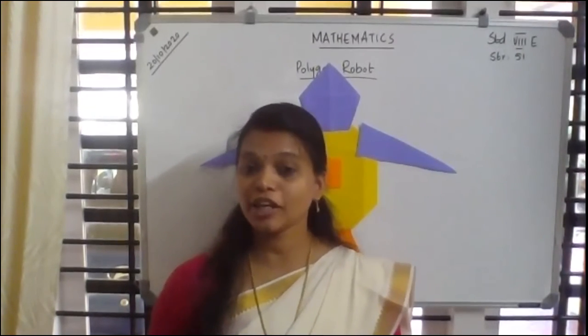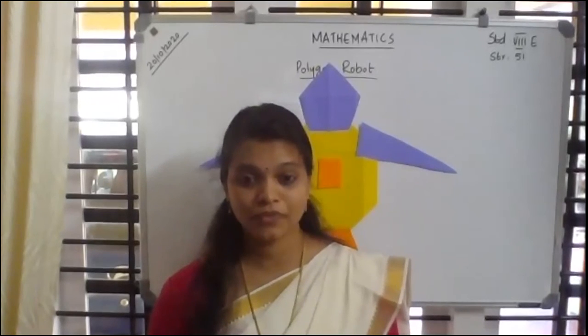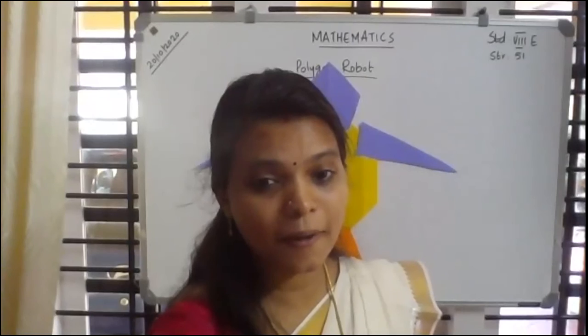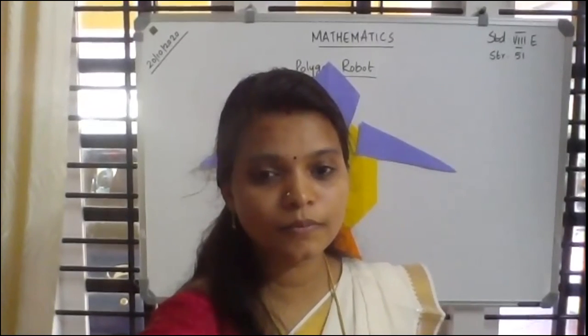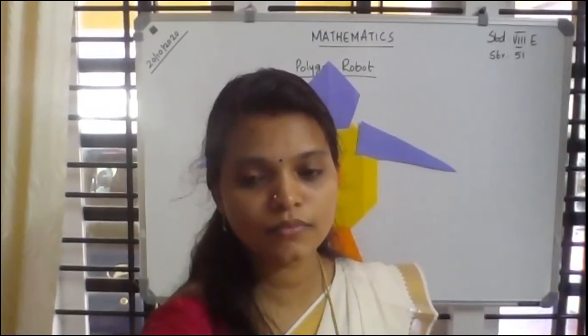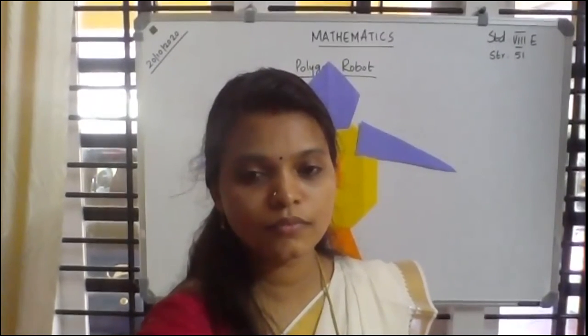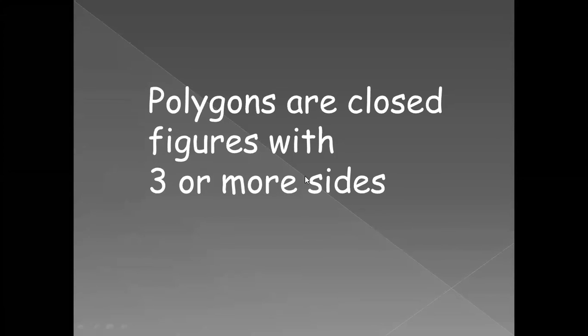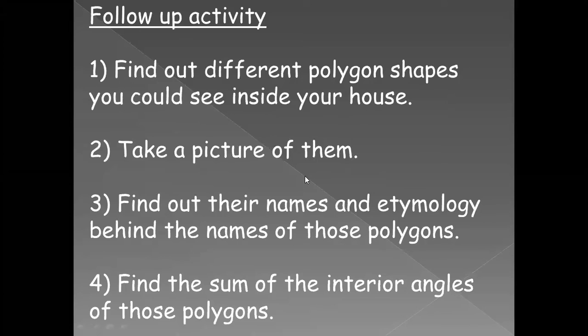So, let me give you a follow up activity, a homework. Let's look into the homework. Follow up activity. Find out different polygon shapes you could see inside your house.